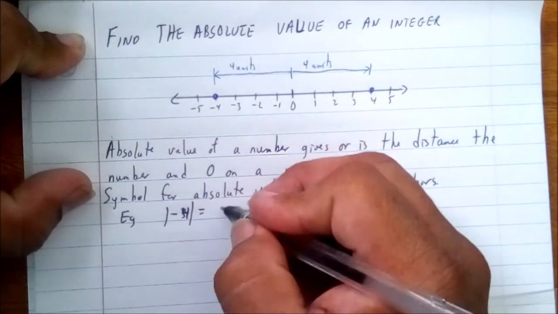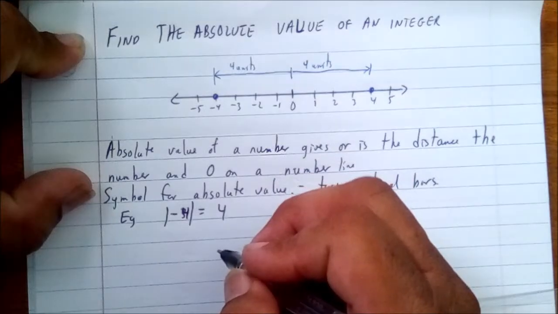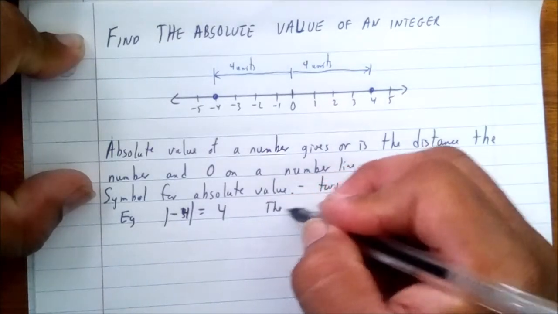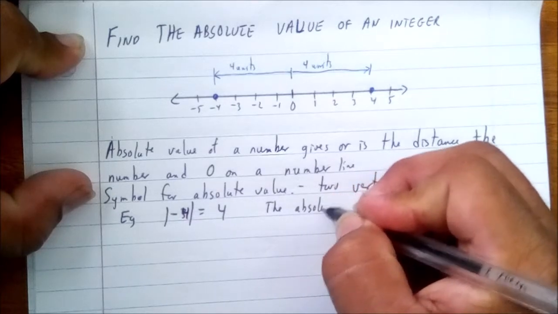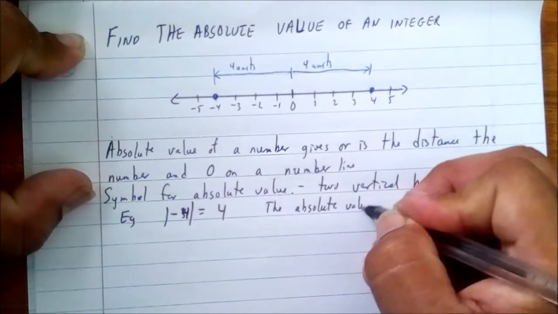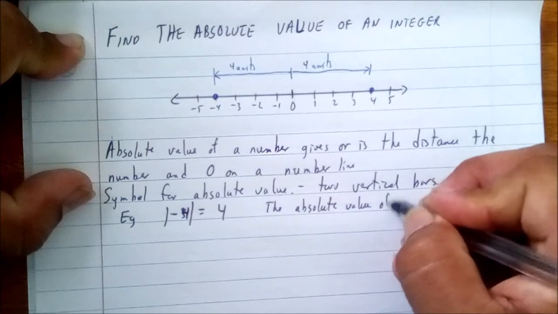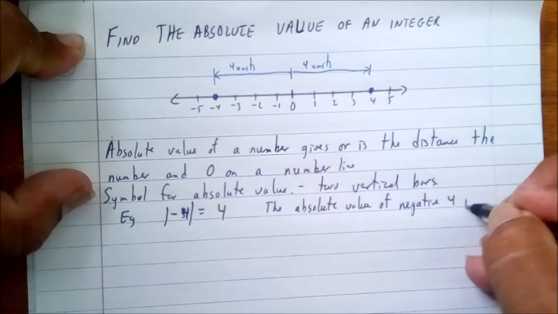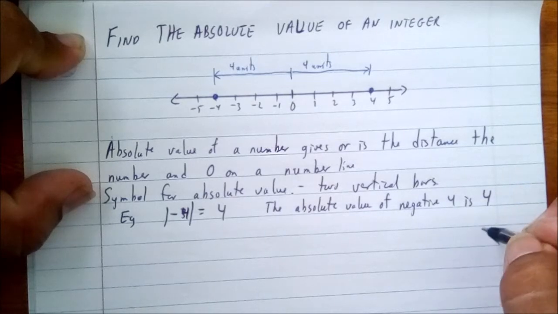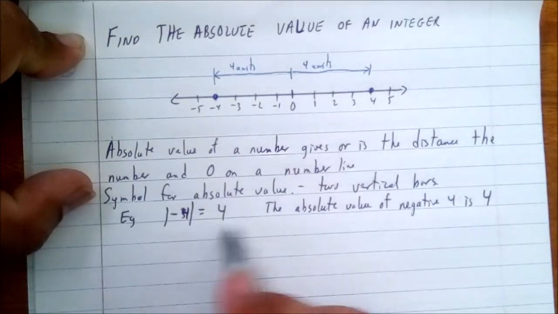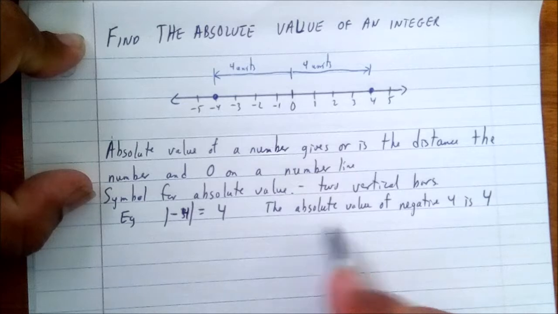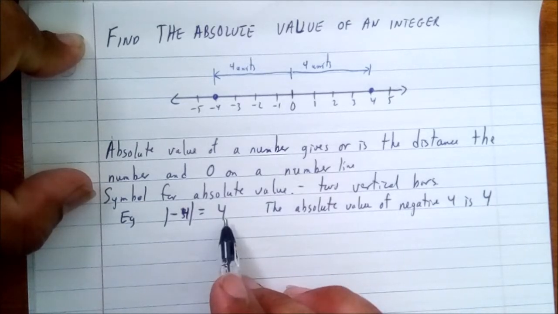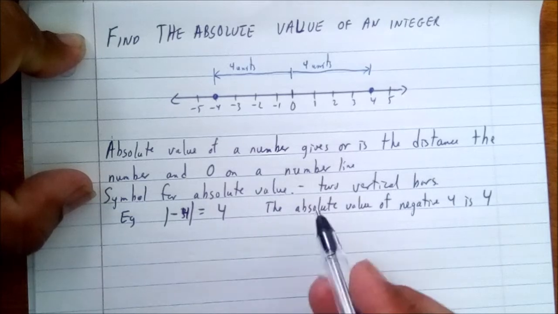That will give us 4. This is read as follows: the absolute value of -4 is 4. This tells us simply that the distance between -4 and 0 on the number line is 4 units.